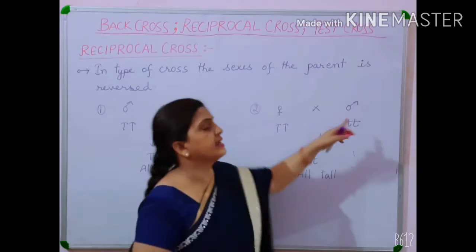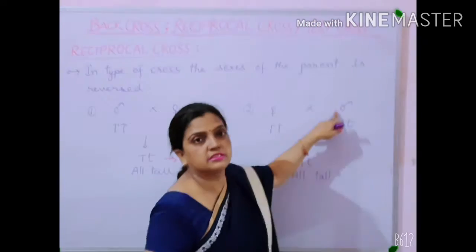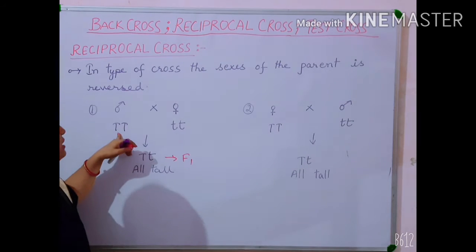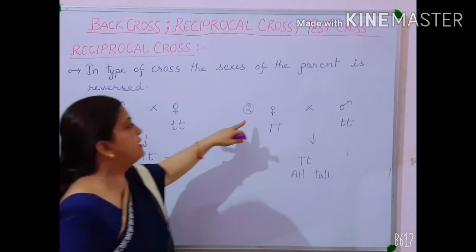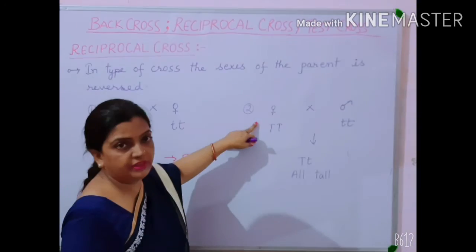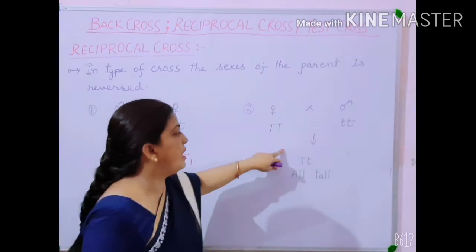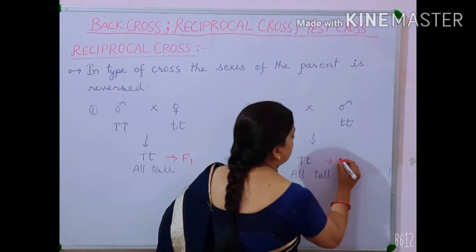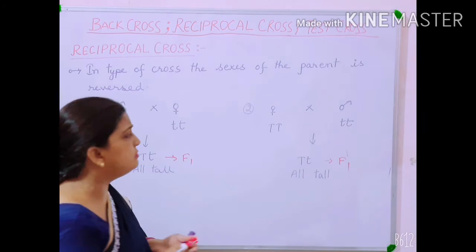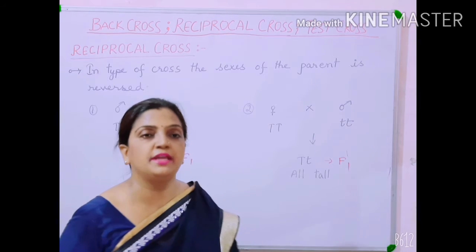I have changed the sexes. I have taken the female as dominant and the male as recessive. Here the male was dominant having capital T, and here, as I have taken the female as dominant, capital T is for the female and small t is for the male, recessive. But the answer in the progeny, the F1 generation, is all tall.